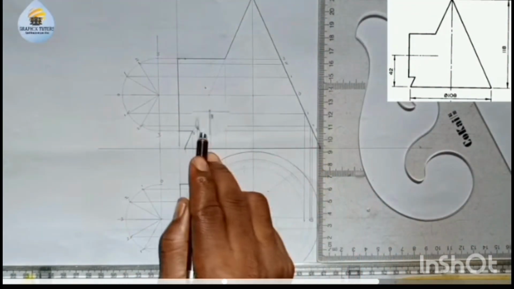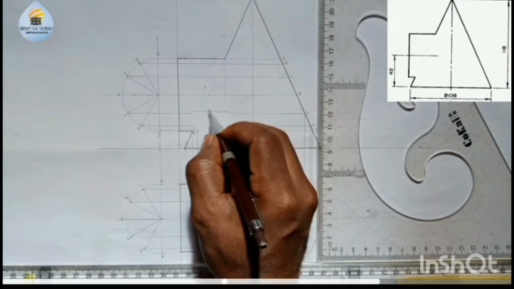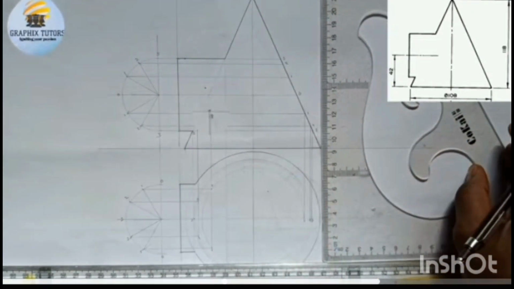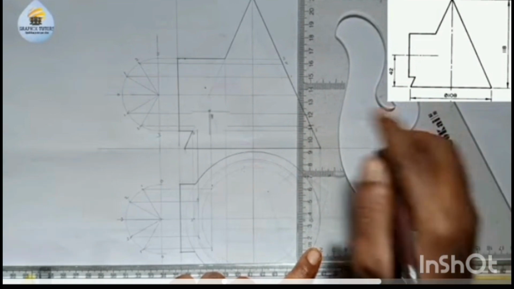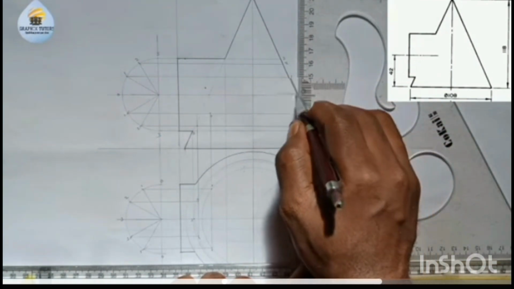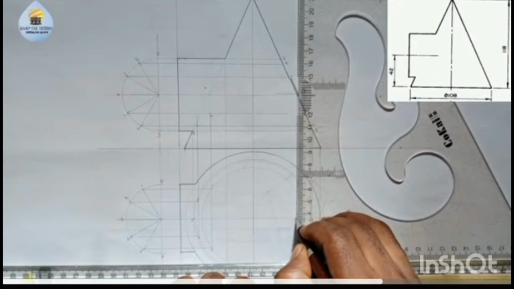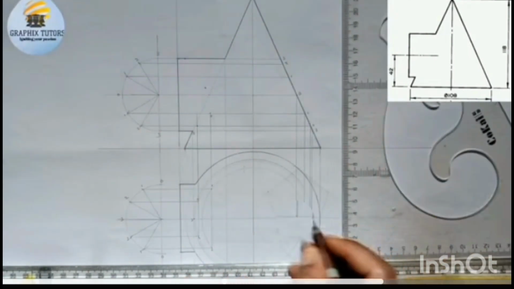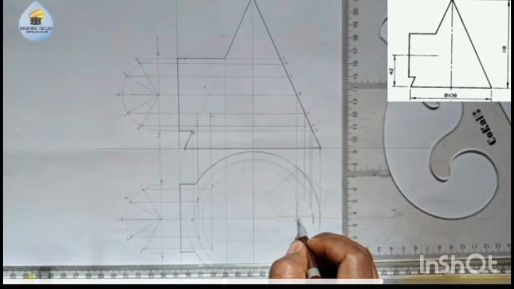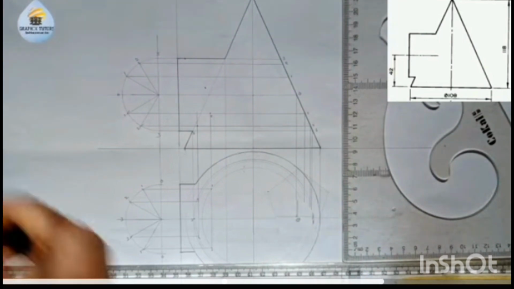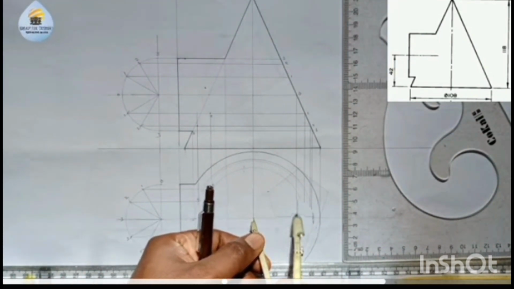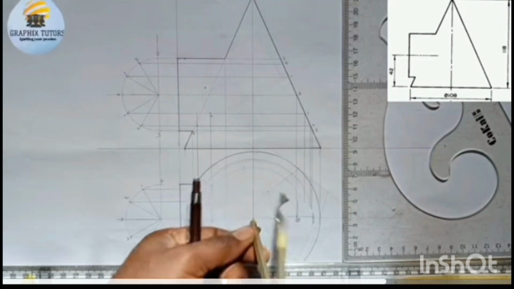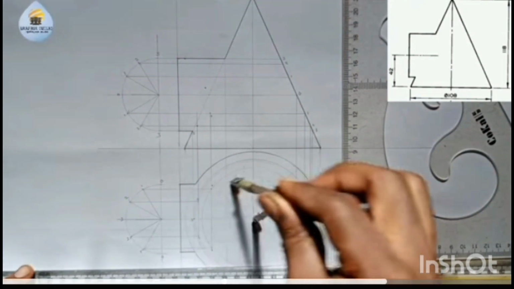Then I'll come again. 0. I'll project the 0 downward to touch this horizontal line. It is point 0. I'll take my compass, place it at this point here to 0. And I'm going to draw another circle this way.